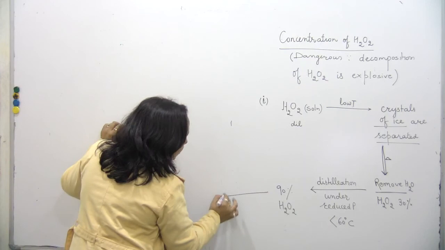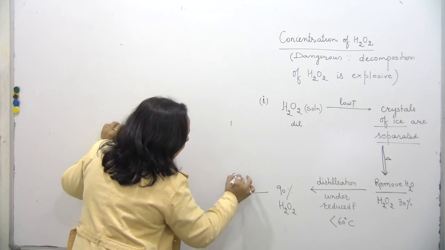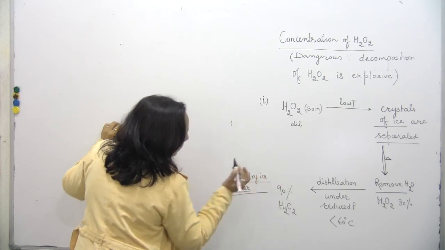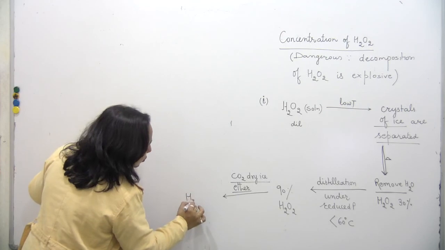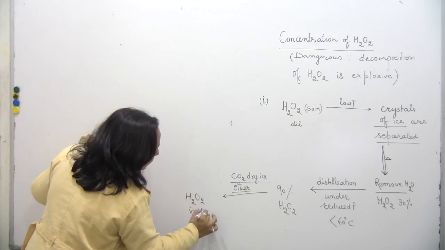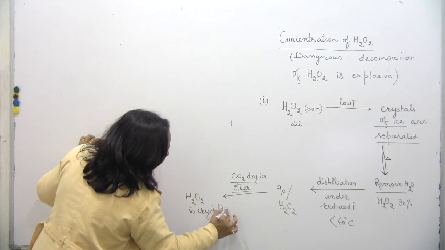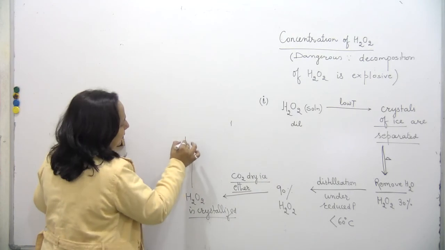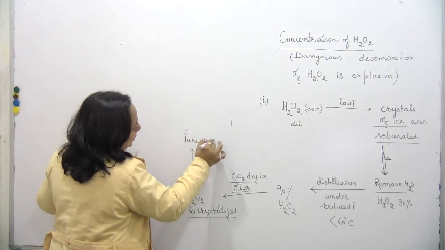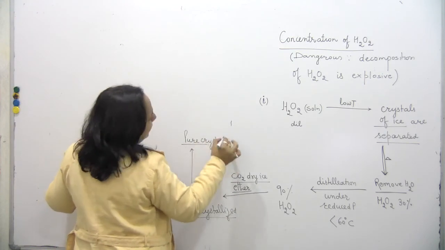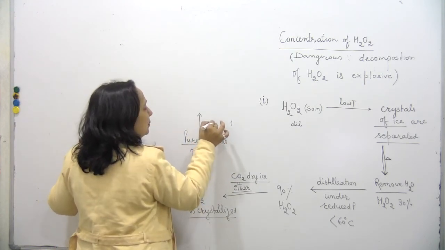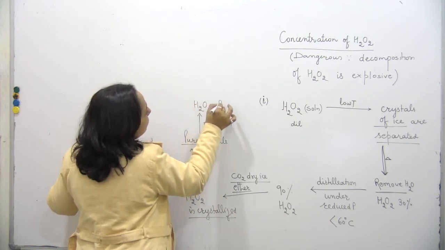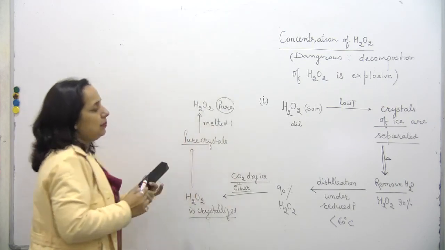This mixture is treated with ether and CO2, dry ice, and H2O2 is crystallized. These crystals are then melted to give pure hydrogen peroxide.